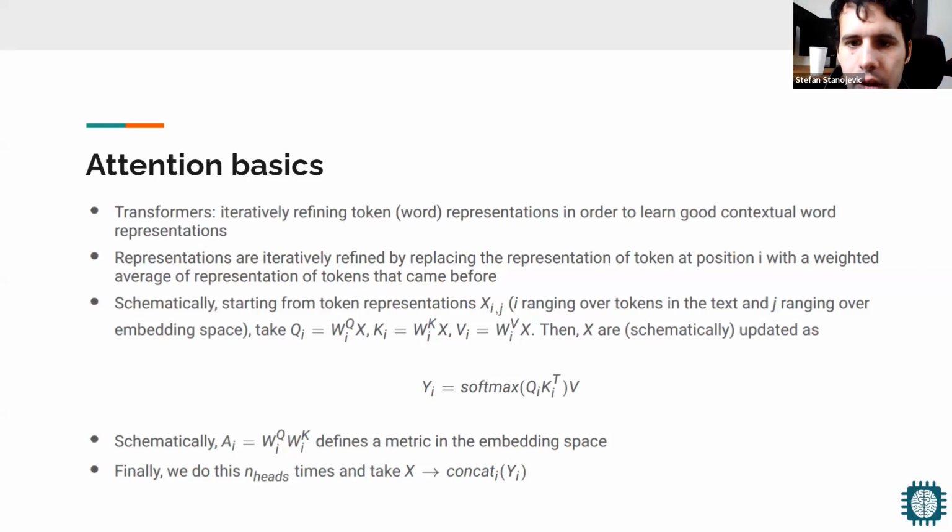So the idea of transformers is that, if we start with some sets of token representations, then we can iteratively refine those representations by replacing the representation of the token at position i with a weighted average of representations of tokens that came before.